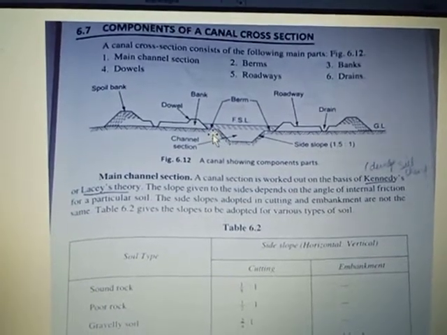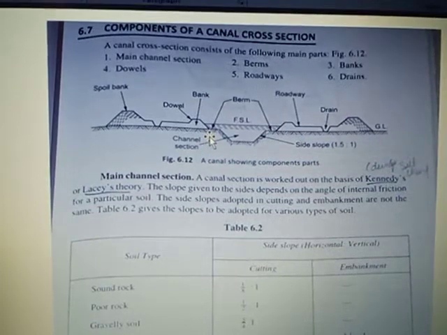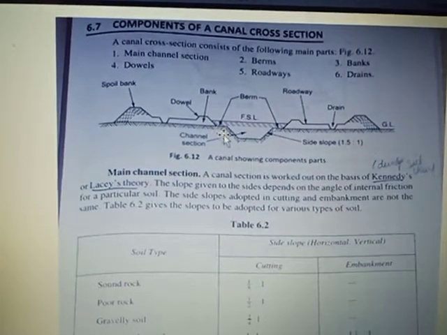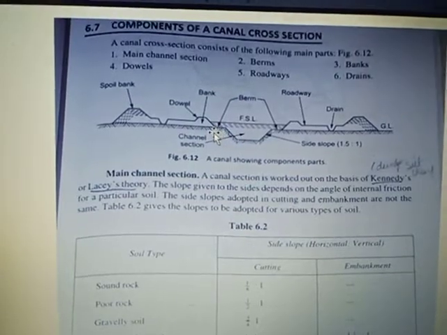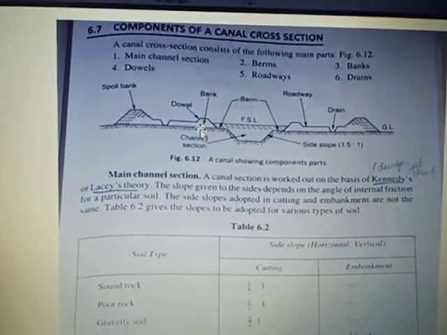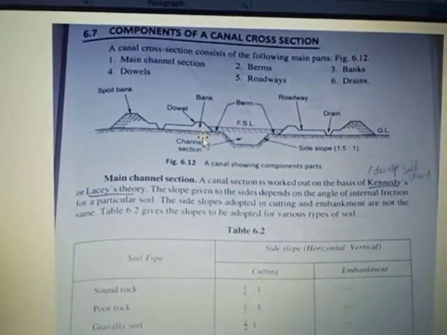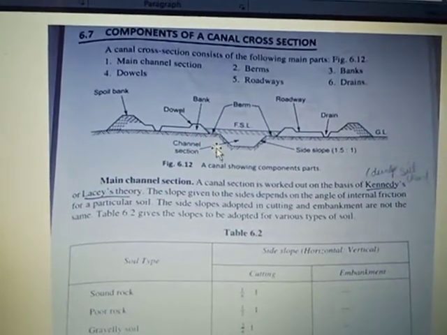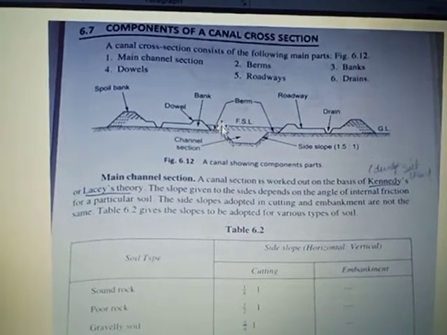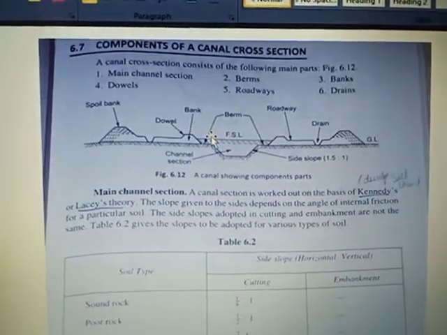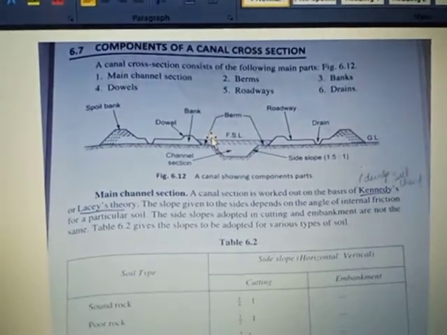Next comes the berm. The berm, pointed here, is the space between the channel section and the inner toe of the bank. This space between the inner toe and the canal section is known as a berm. What is the objective or advantage of this berm?